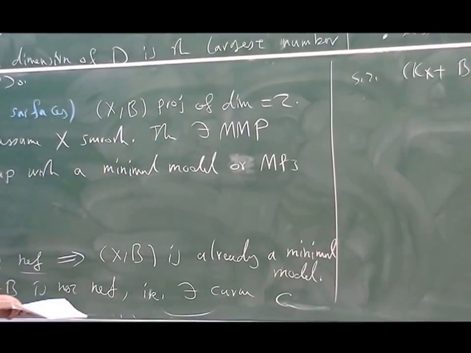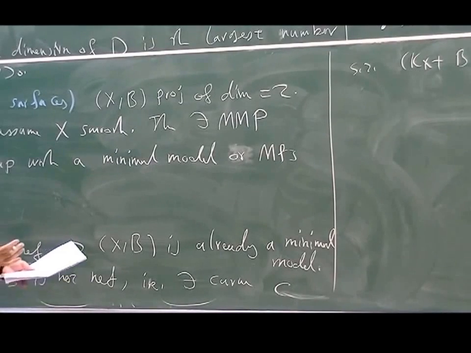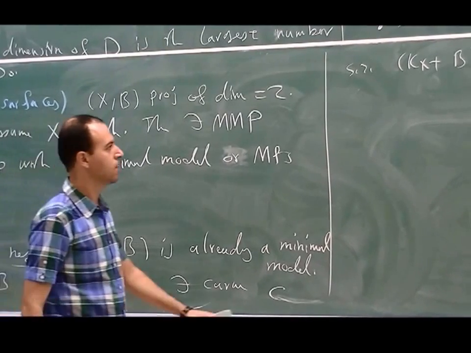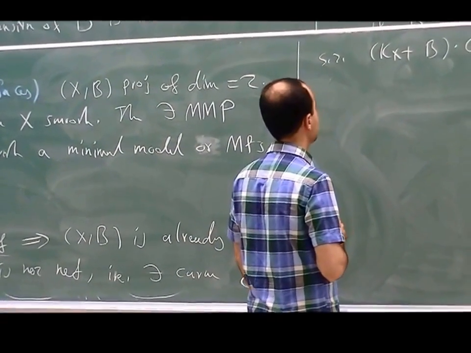Okay, so X is not a minimal model, and then the idea is that you maybe can change your X somehow and end up with something positive or something fibration with some negativity.